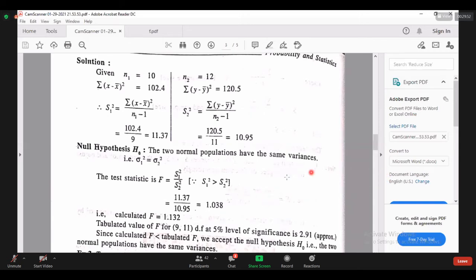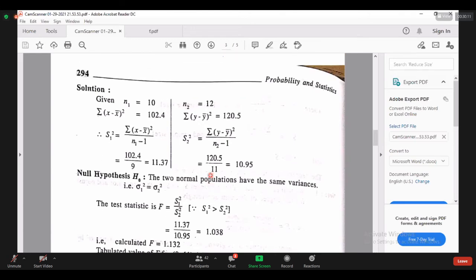In such a case, you can change the formula. Here I am unable to write, so I will tell you orally. If S1 square is less than S2 square, the formula will be changed. In such a case, F calculated is S2 square by S1 square.